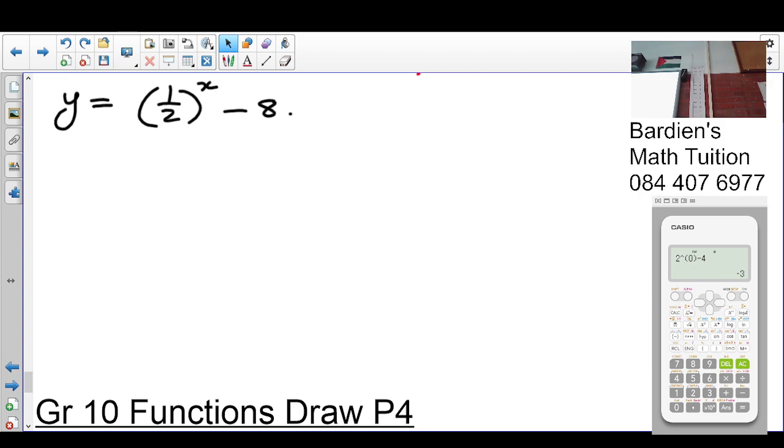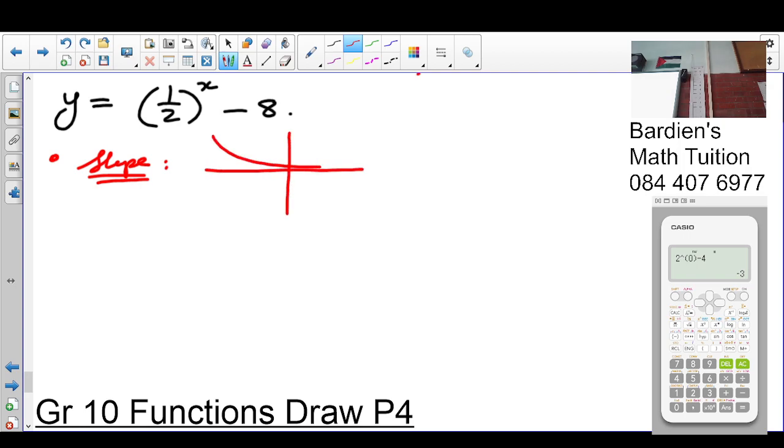Right, so where do we start? Starting with a shape. Okay, so what can we say about this graph? Decreasing. Why is it decreasing? Here we go.